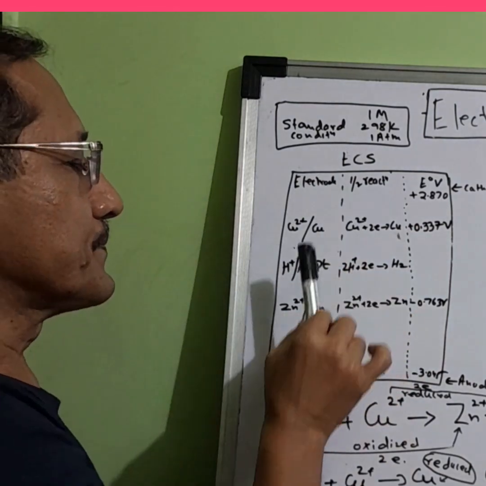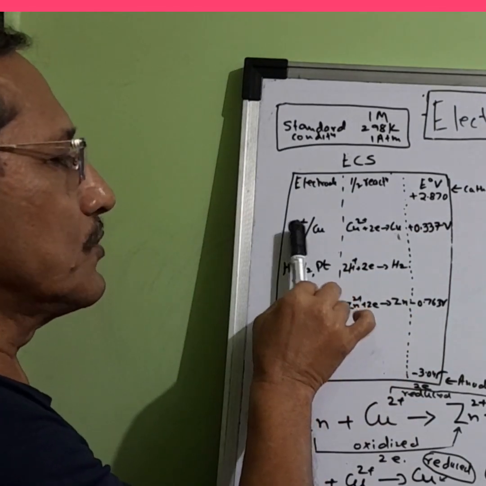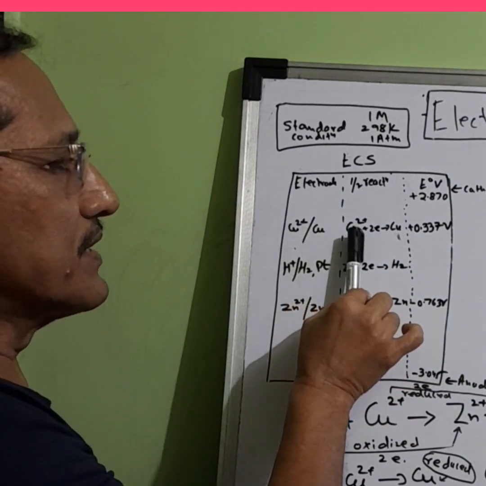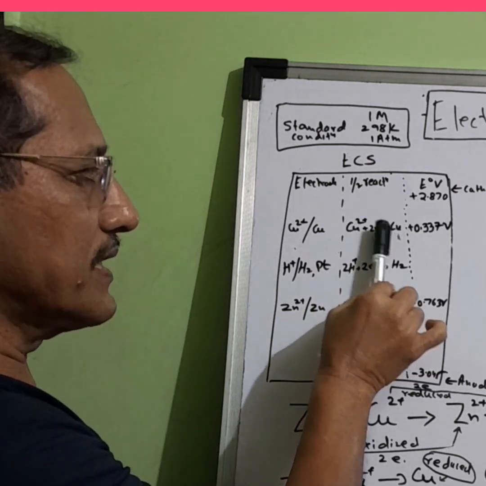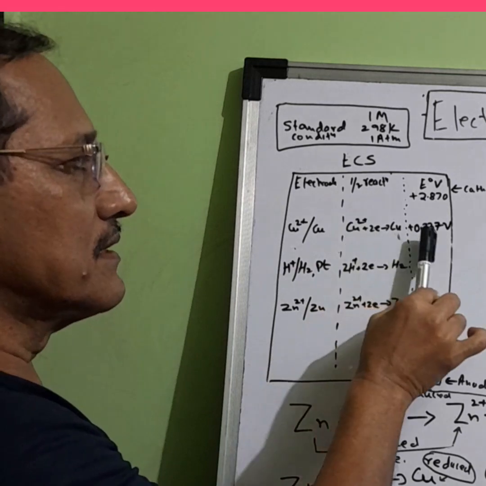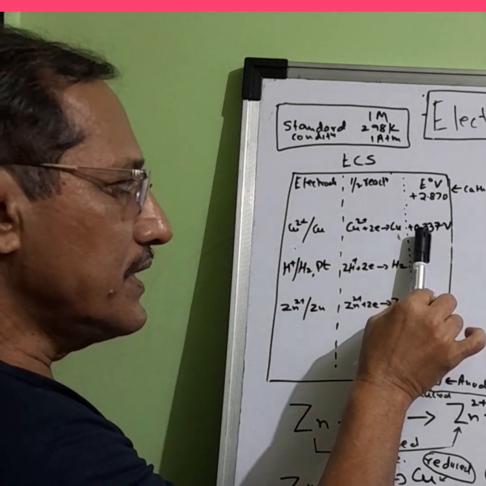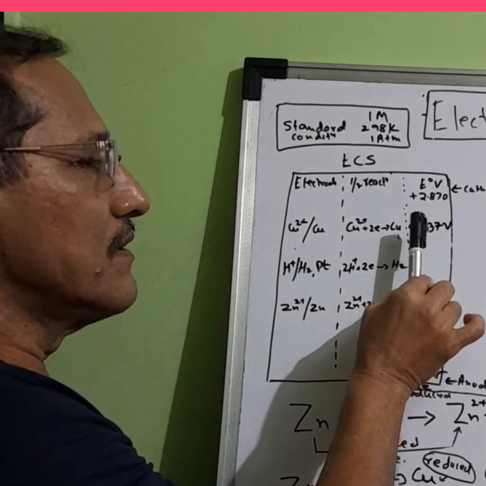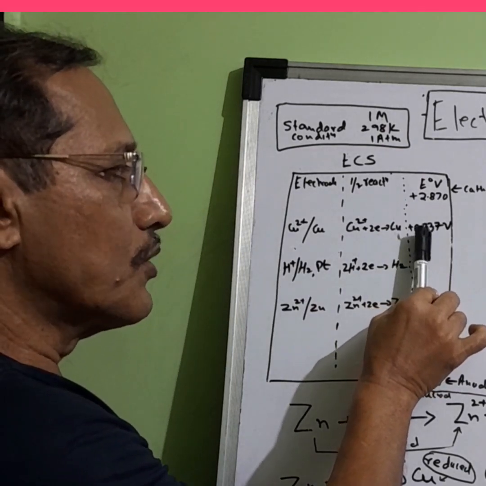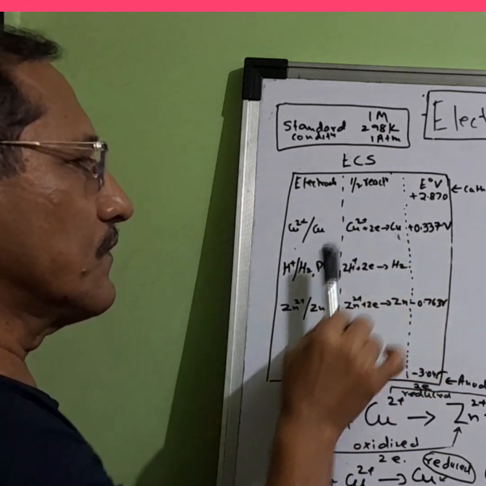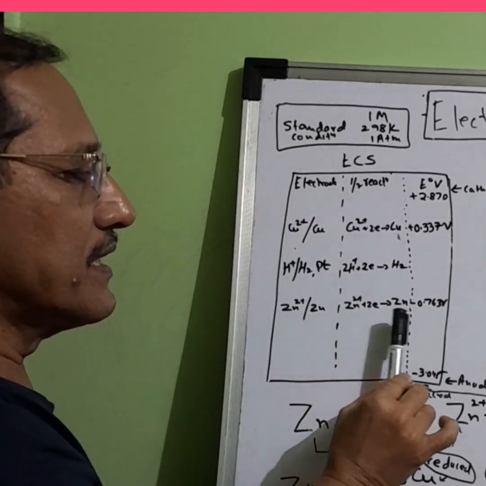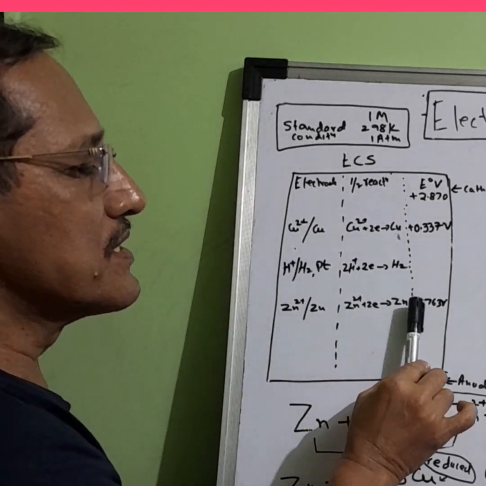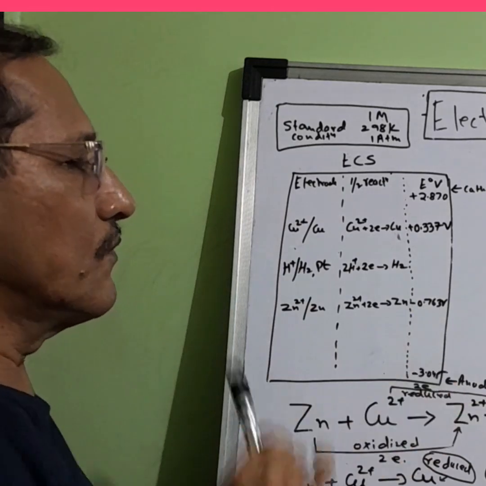Cu2+ plus 2 electrons gives Cu, the reduction of Cu2+, and the standard E is 0.337 volts for reduction of copper. Similarly, for reduction of zinc, it is minus 0.763 volts.